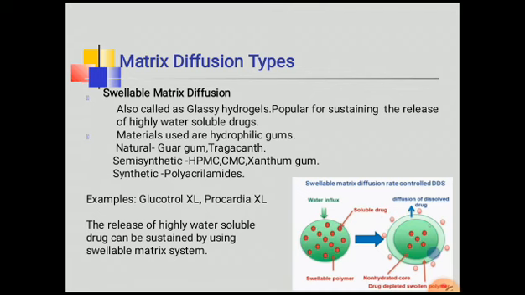When that polymer contacts water or a fluid, it absorbs the water and starts to swell in size. Due to this swelling, the pores enlarge, and the drug can easily diffuse from the higher to the lower region. So that is swellable.